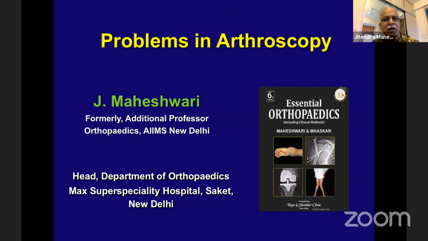But now that you have decided to do arthroscopy, you've gone into the operation theater, everything is in order, and you're trying to do arthroscopy, what happens now? You know all the theory, but now it is practical. What problems can come and how to go around that. I will request my panelists and also the moderators to fill in the blank wherever I'm missing something, or maybe if they have something to add. So let me proceed with this.